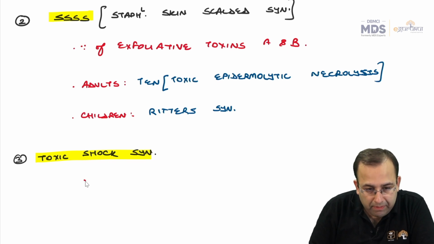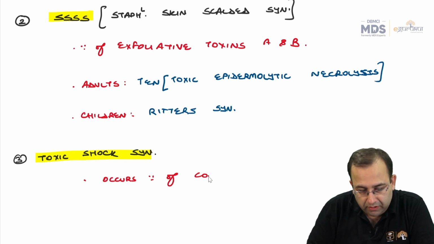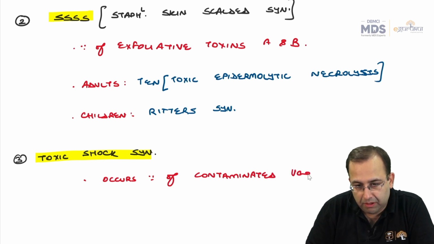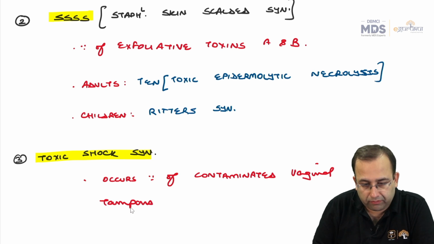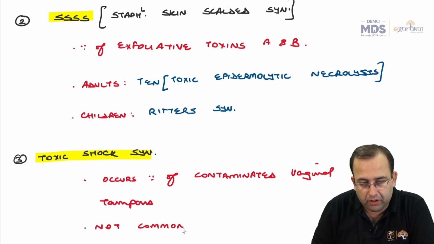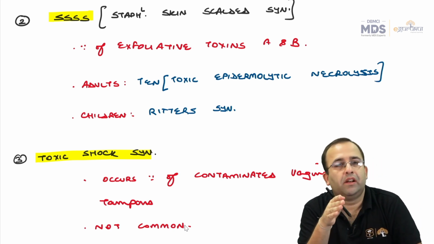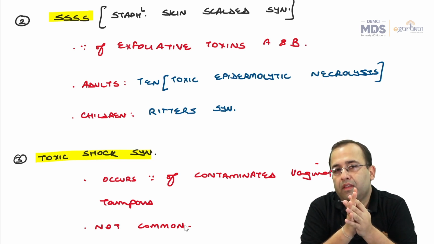Mainly this occurs because of contaminated vaginal tampons during menstruation. Of course, this is not common now.